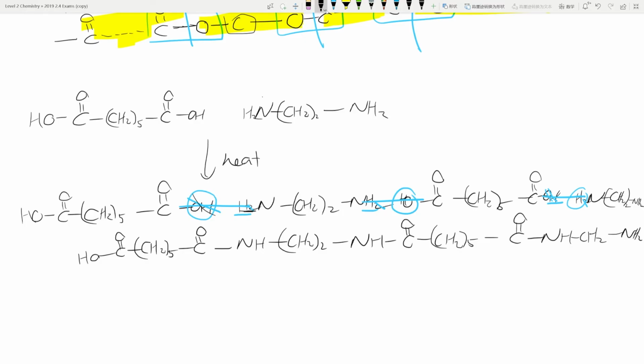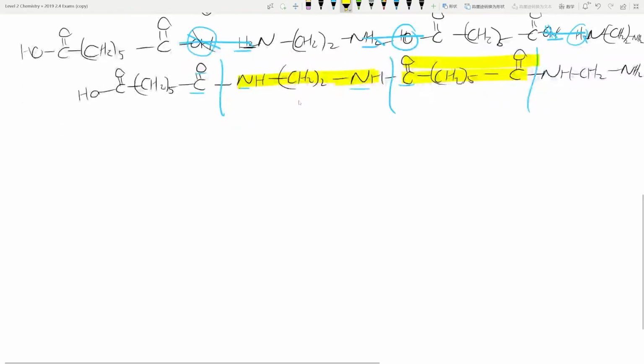Now, the same thing applies if you want to draw the repeating unit, the bracket n section. What you could do is find the CON, and then cut the CN single bond, cut the CN single bond, like here, cut the CN single bond. Then you should be able to see this thing in the middle that I'm highlighting right now. These are the 2 repeating units.